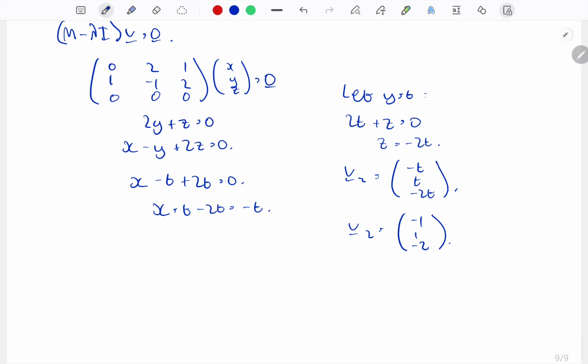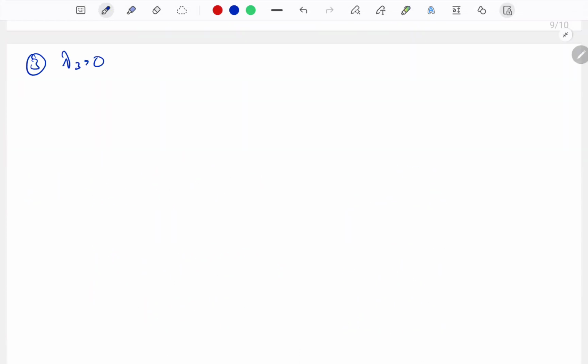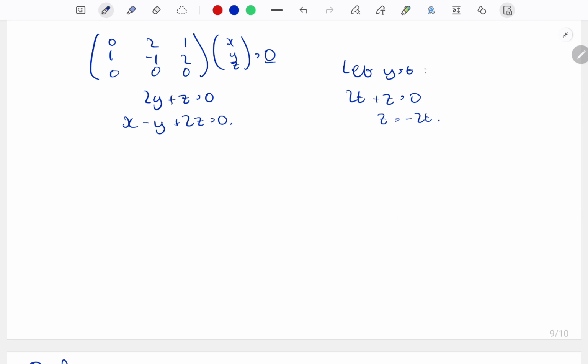Finally, let's consider the final eigenvector, lambda 3 equals 0. I've just realized I've made a mistake on this section. x is equal to y minus 2z, which is equal to t minus 2 multiplied by minus 2t, which is t add 4t, which is 5t.